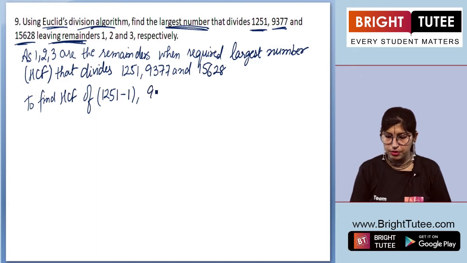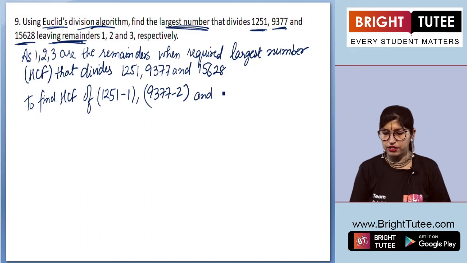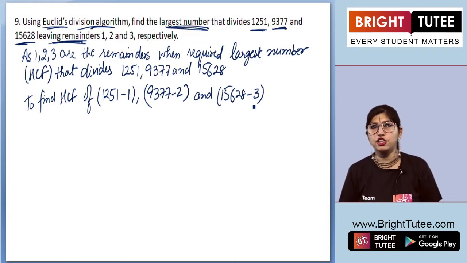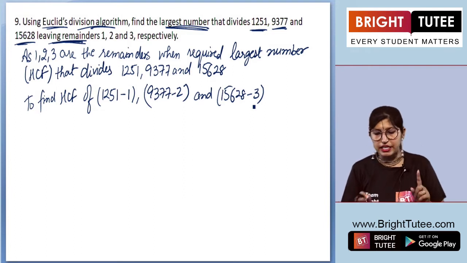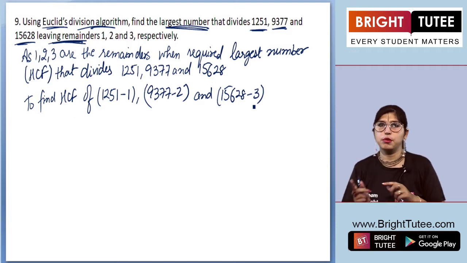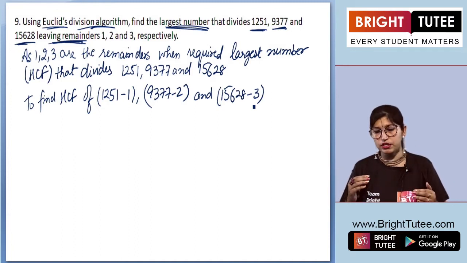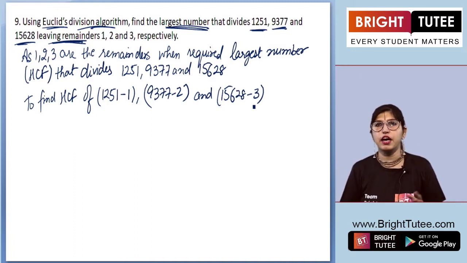We will be subtracting 2 from the second number and 3 from 15628, because they said the numbers leave remainders 1, 2 and 3 respectively, so we need to take care of that remainder. After subtracting, there will be a common factor, the HCF.